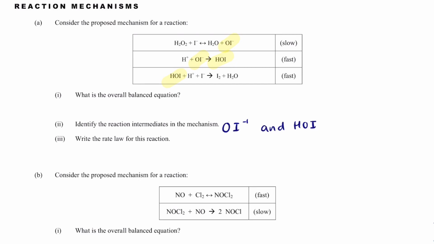And then our overall balanced equation is H2O2 plus 2I minus plus 2H plus will form I2 plus 2 waters.